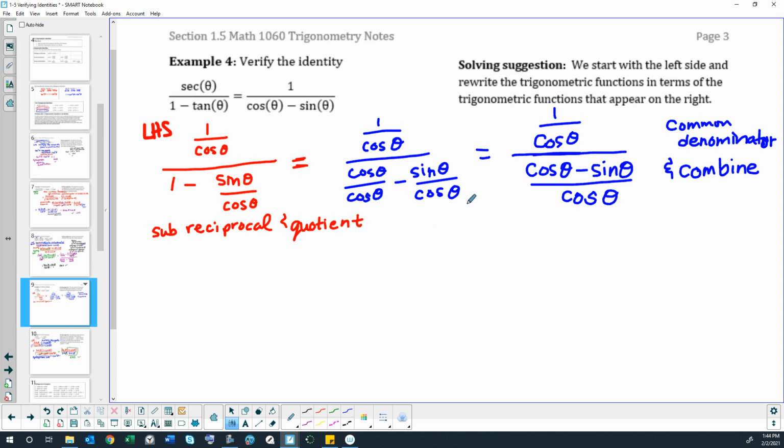Okay, so next we are just going to do our fraction division stuff, which means we are going to multiply by the reciprocal, right? Multiply reciprocal.